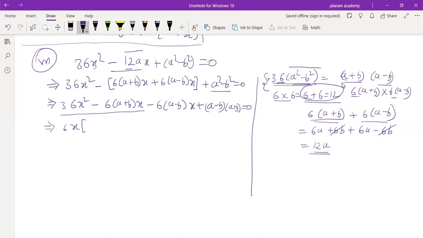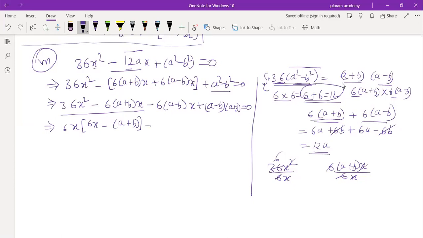So in the next bracket, when we divide 36x square by 6x, x cancelled out, 6 sixes are 36, so it is 6x, minus the second term 6 into a plus b into x upon 6x. 6 cancelled out, x cancelled out. This time it is a plus b. Properly use the brackets to get the correct answer.